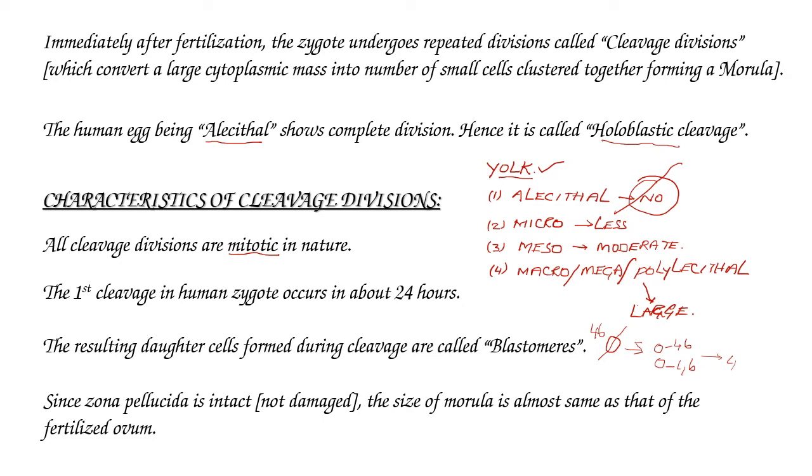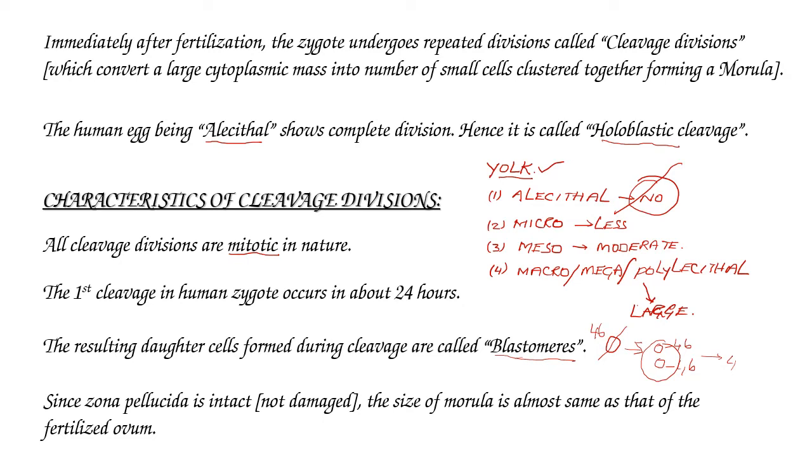Now the cells resulting during this cleavage division are called blastomeres. Since the zona pellucida is intact, not damaged, the size of the morula is almost the same as that of the fertilized ovum.